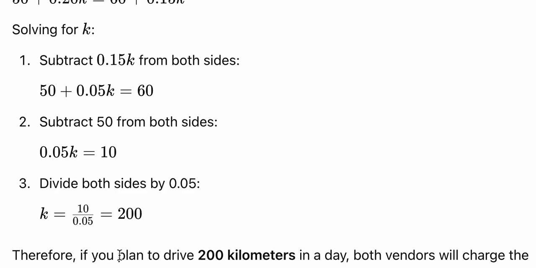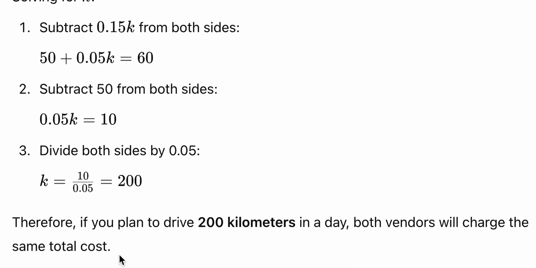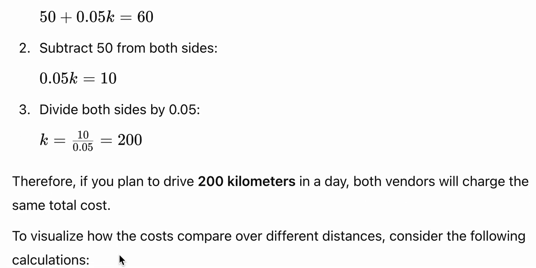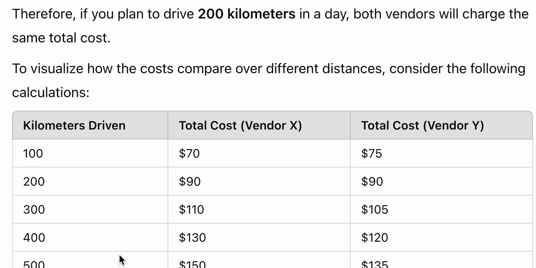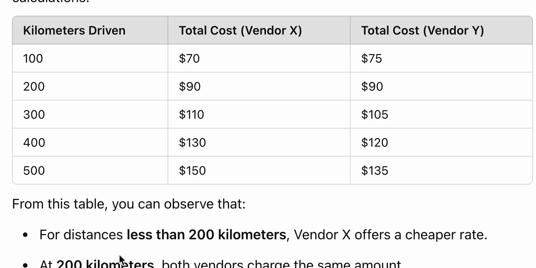This is to help you visualize cost comparison when traveling over distances. So let's do a table analysis of this. Let's create a table. You have kilometers, and then your y is the total cost of vendor X and the total cost of vendor Y. If you're driving 100 kilometers, what happens in the first situation?